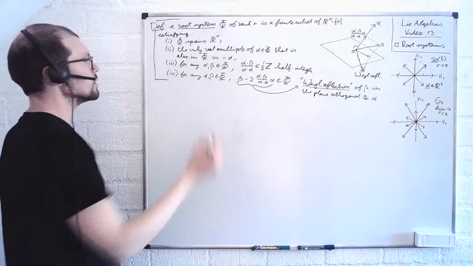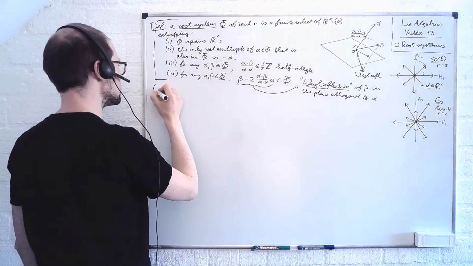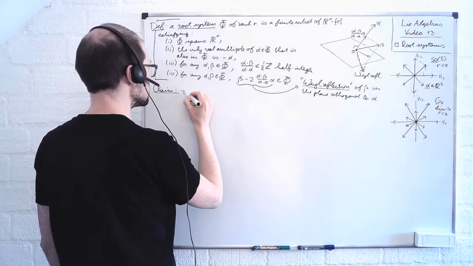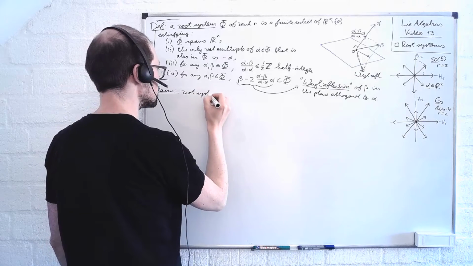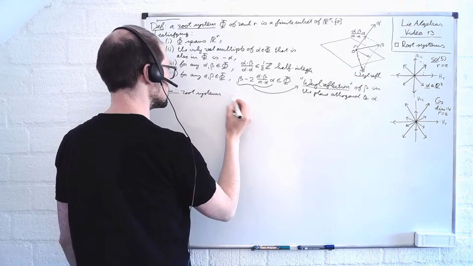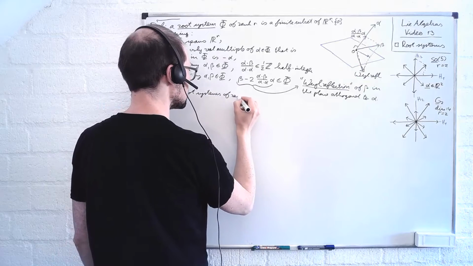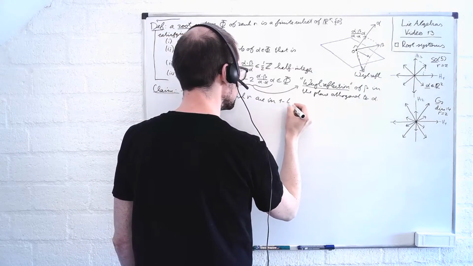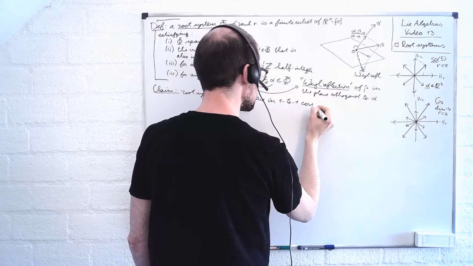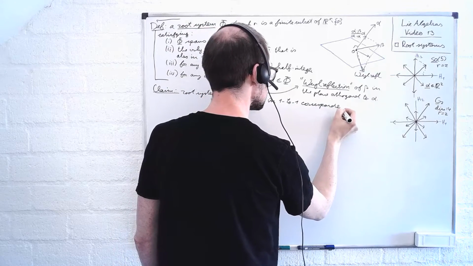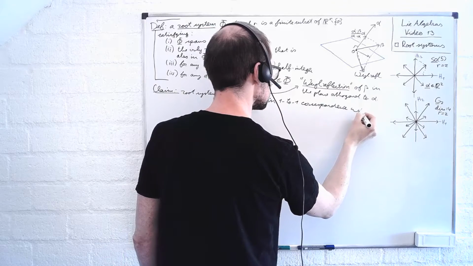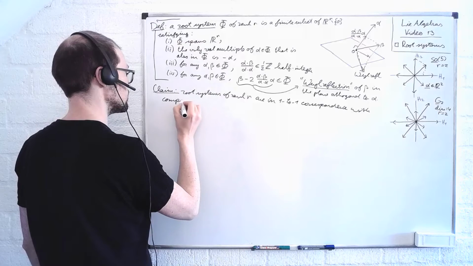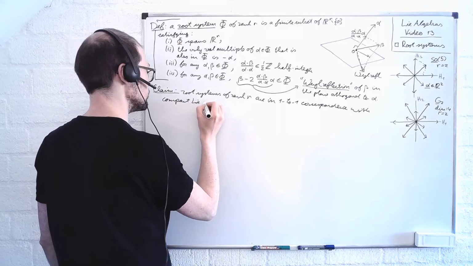Okay, so my claim is root systems of rank R are in 1-to-1 correspondence with compact Lie algebras.